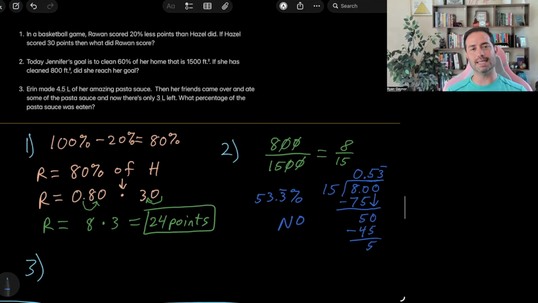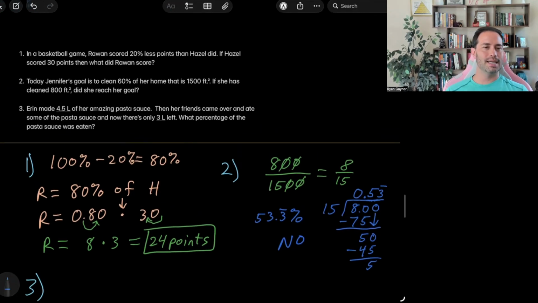Number 3. All right, it says, Erin made 4.5 liters of her amazing pasta sauce. Then her friends came over and ate some of the pasta sauce, and now there's only 3 liters left. What percentage of the pasta sauce was eaten?